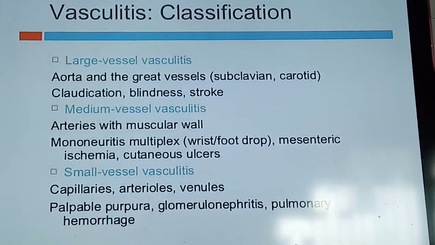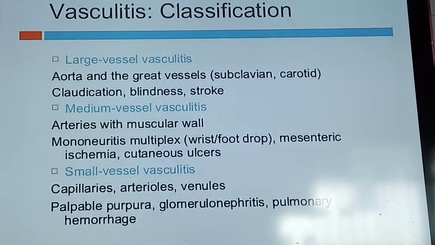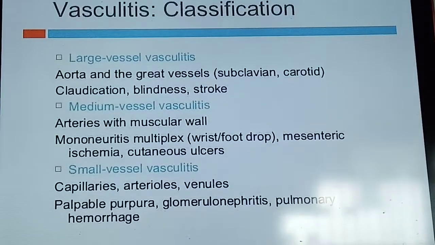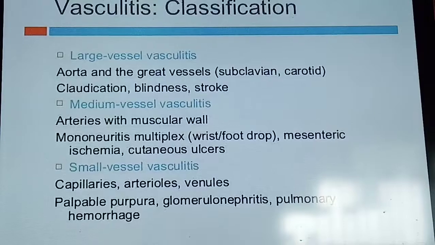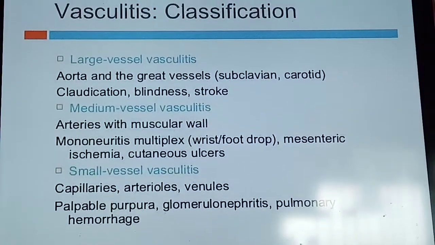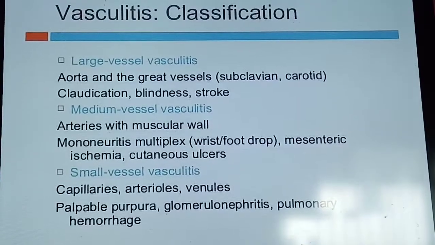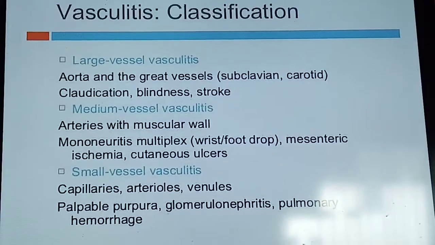Medium vessel vasculitis usually involves arteries with muscular walls, and there is mononeuritis multiplex that may lead to wrist drop or foot drop, mesenteric ischemia, or cutaneous ulcer. Small vessel vasculitis usually involves capillaries, arterioles, and venules, and features are usually palpable purpura, glomerulonephritis, and pulmonary hemorrhage.